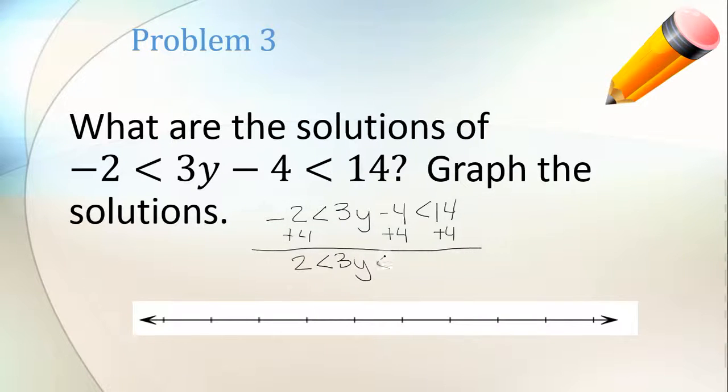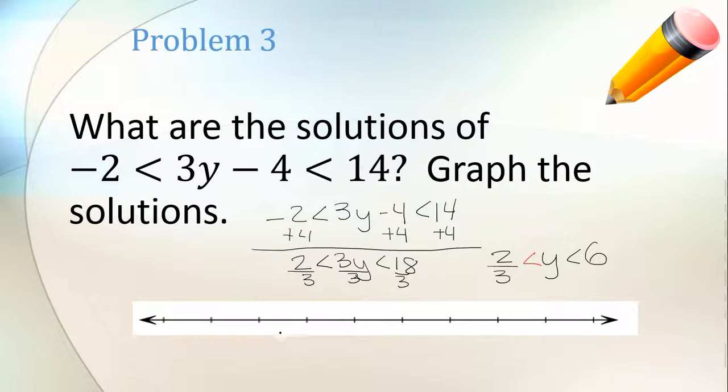We get 3y, 14 plus 4, which is going to give me 18. Then I'm going to divide by 3. I'm going to be left with 2/3. I'm just going to leave that as 2/3. And I'm going to have less than y, which is less than 6, because 18 divided by 3 gives me 6.